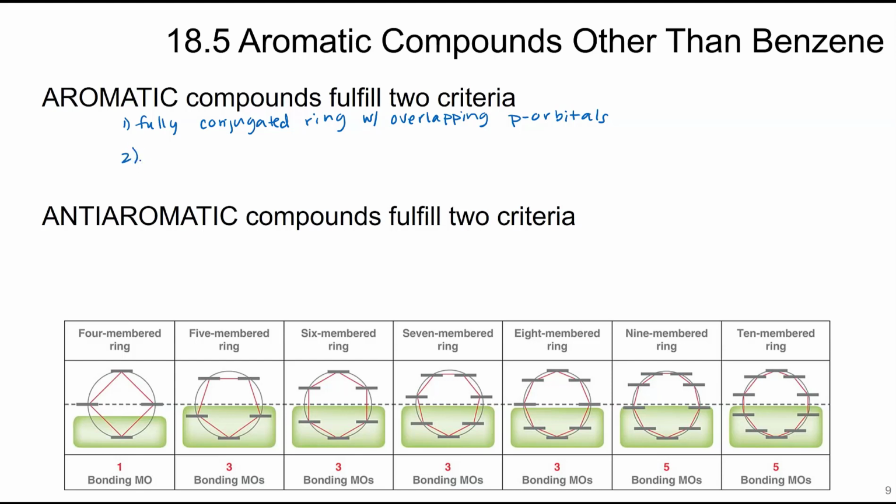The second criteria is that it must meet Huckel's rule, which is that an odd number of electron pairs, or 4n plus 2, there must be an odd number of electron pairs.